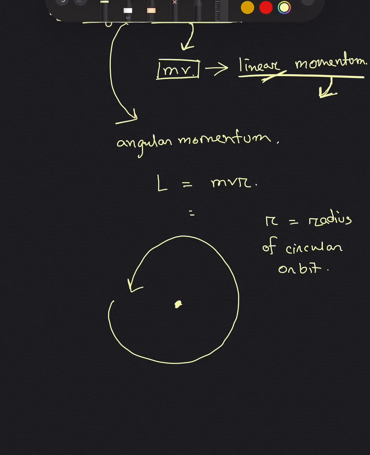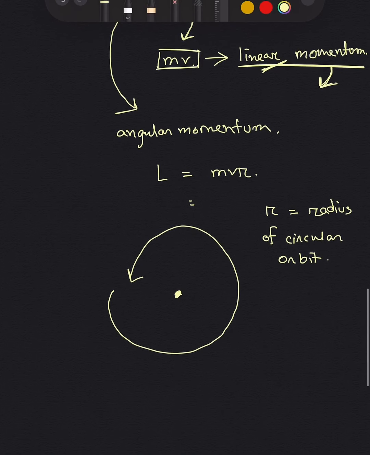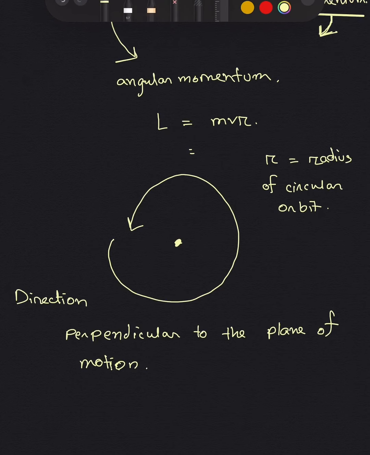Now the direction of angular momentum would be perpendicular to the plane of motion. Now what is the perpendicular direction? If you apply the right hand rule, we can say the direction would be this one or this one, towards you or towards the surface. So this is the end of this topic.